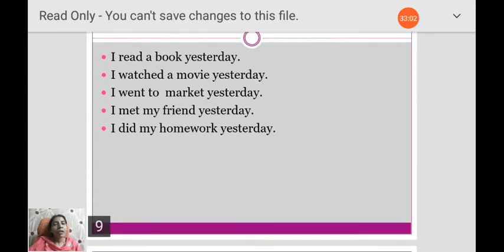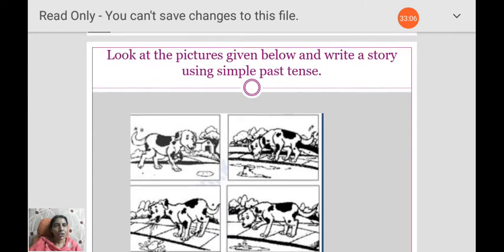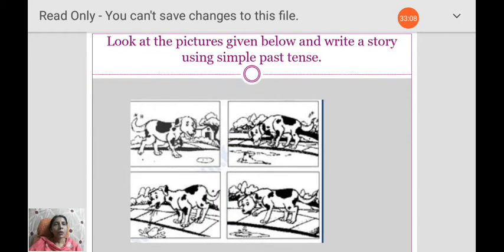Now, let us look at this picture. I hope you liked this picture very much. There are four pictures given in small boxes. Look at the pictures given below and write a story using simple past tense.